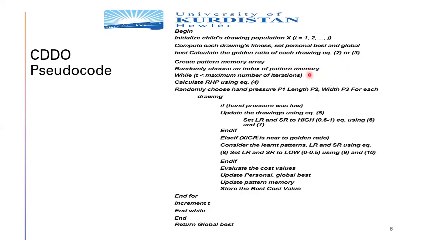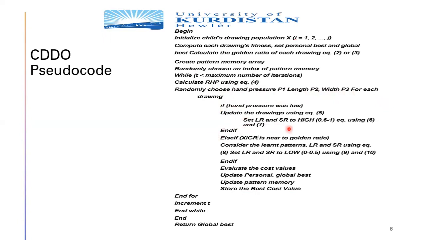So here we try to calculate random hand pressure using equation 4, and then randomly choose hand pressure P1 length, P2 width, P3 for each drawing.